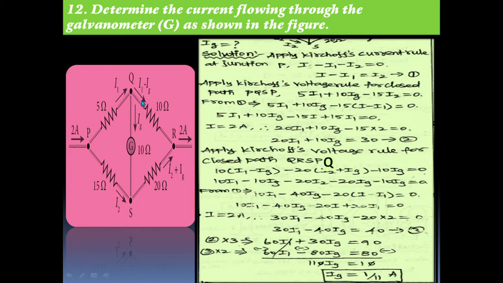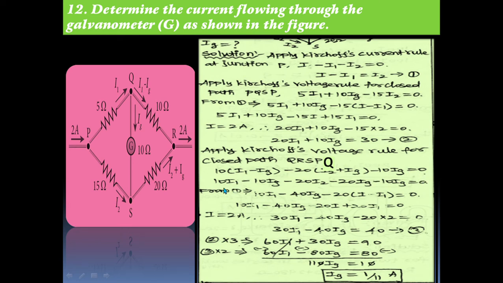The equation, product of resistance and current: 10 into (I1 minus Ig), then 20 into (I2 plus Ig), then minus 10 Ig, because 10 Ig is in the anti-clockwise direction. So 10 (I1 minus Ig) plus 20 (I2 plus Ig) minus 10 Ig is equal to 0.